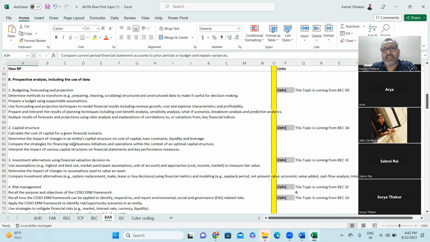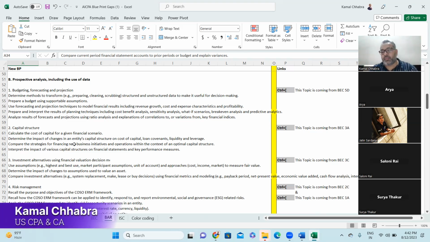In terms of budgeting, have you studied budgeting in your college days? What all types of budgets have you studied? Do you remember?